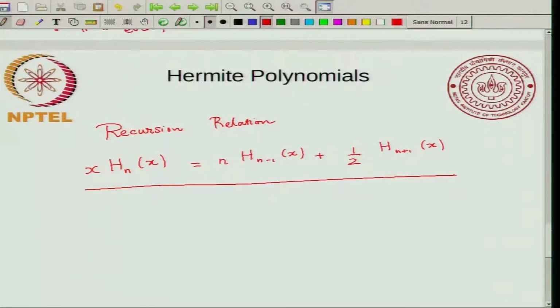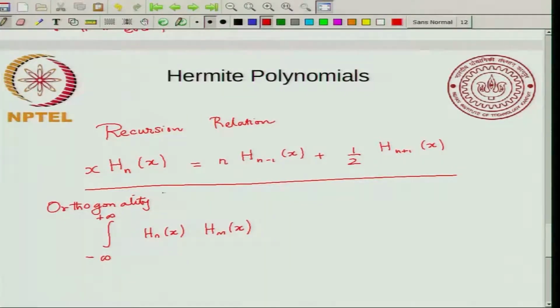Now the Hermite polynomials also satisfy orthogonality. Again, this is another expression that I expect you to remember. So the integral from minus infinity to plus infinity of Hn of x into Hm of x.